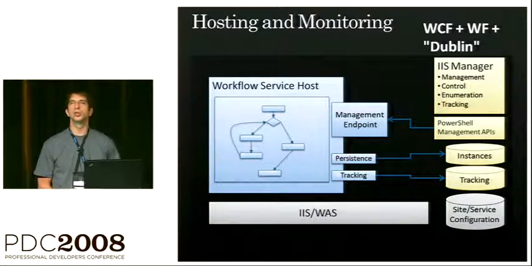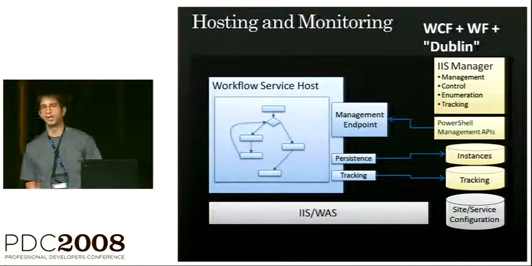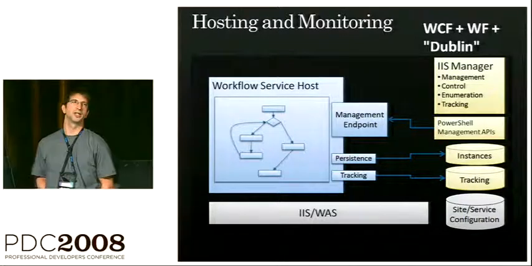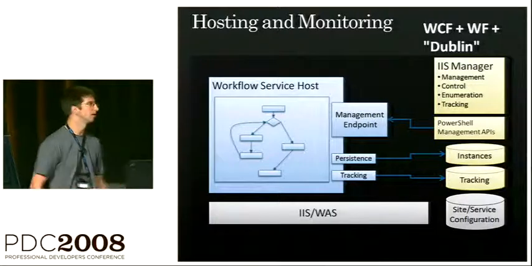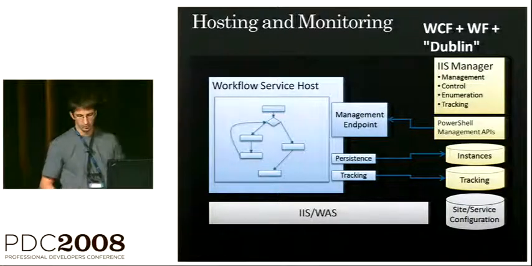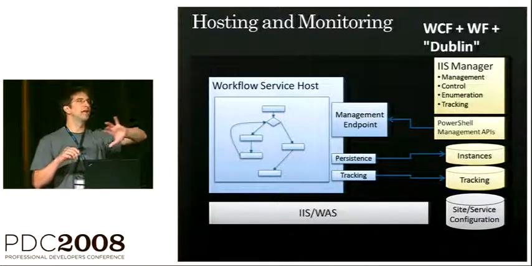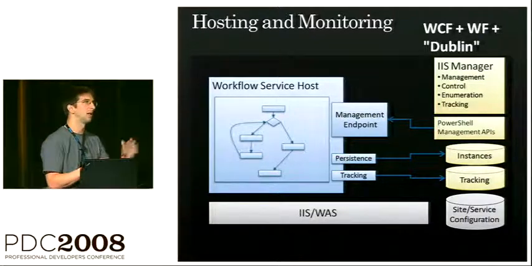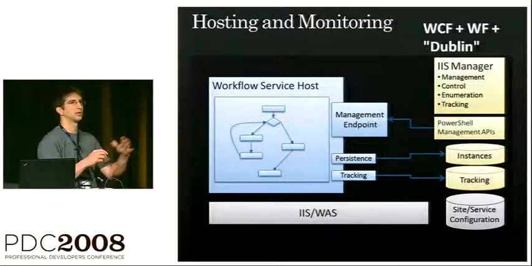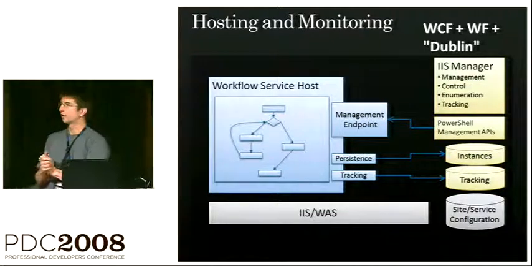Dublin is the evolution of WAS, IIS and the Windows App Server role, focused primarily on hosting, persistence, monitoring, and tracking, and some messaging capabilities. It provides a rich set of PowerShell management APIs that operate against that management endpoint, allowing you to do things through PowerShell like cancel a bunch of workflows or an individual workflow, or restart some workflows.